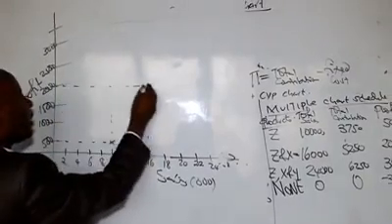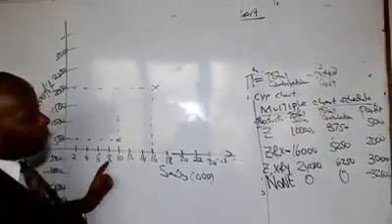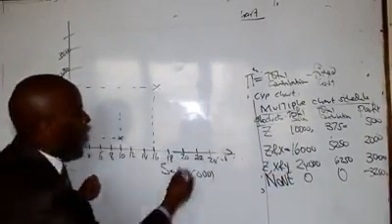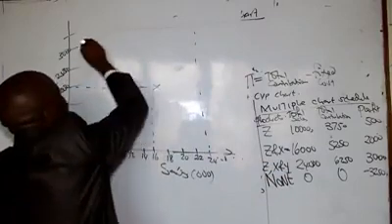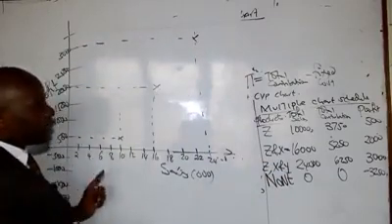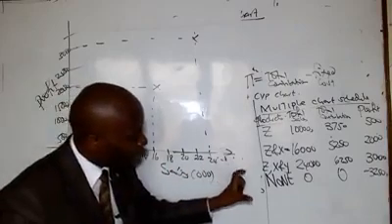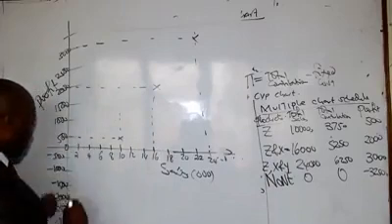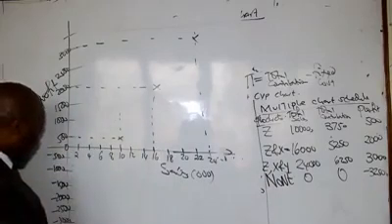The third one is 24,000 versus 3,000, somewhere there. The last point is the one of production of nothing. So 0 versus minus 3,250. 0 is here, and 3,250 will be somewhere here.